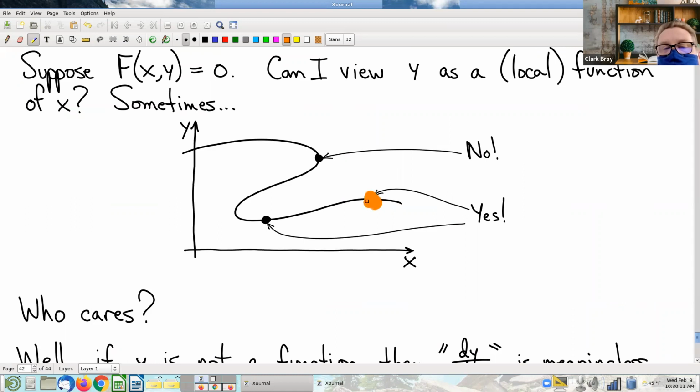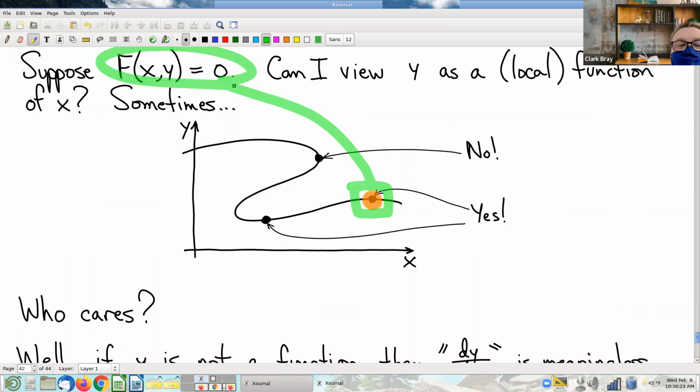When I look at a point like this and say that it's locally a function, one point of view that you could take is that I'm reinterpreting this little bit of curve, which was previously viewed as a level set, and I'm reinterpreting it as a graph, where y is a function of x. So arguably, the implicit function theorem turns level sets into graphs. Yeah, totally.